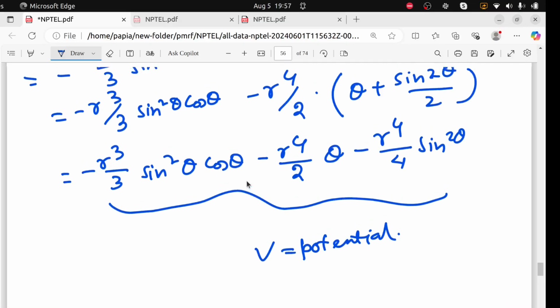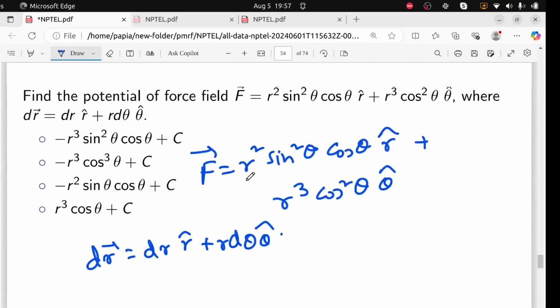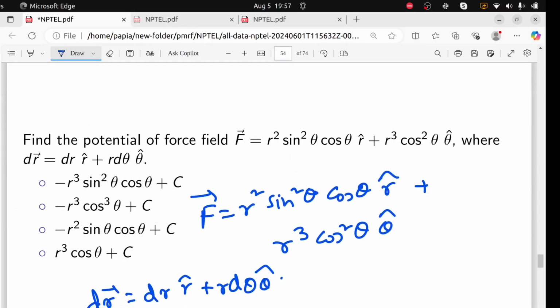And the option is a little bit wrong here, so maybe I can write the full answer. The answer is minus r cube by 3 sine square theta cos theta. I think 3 is there.